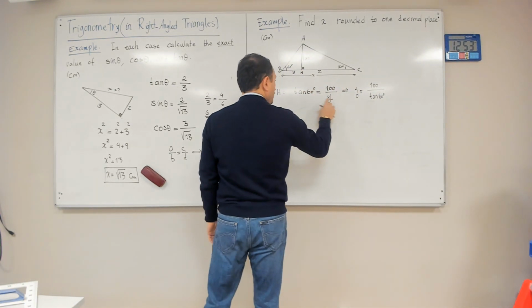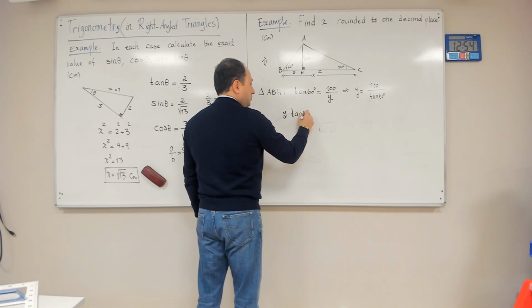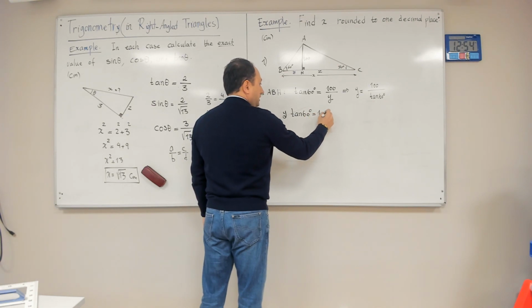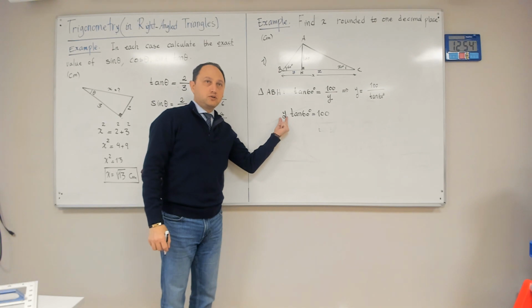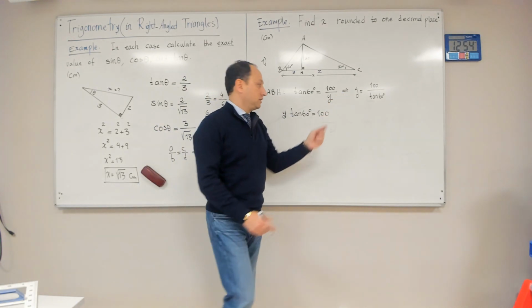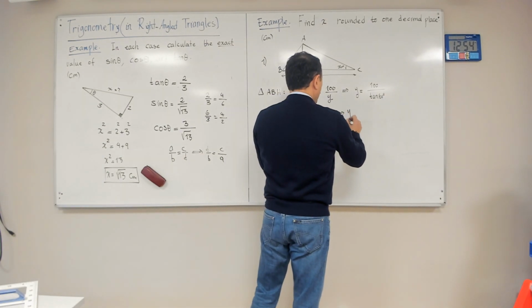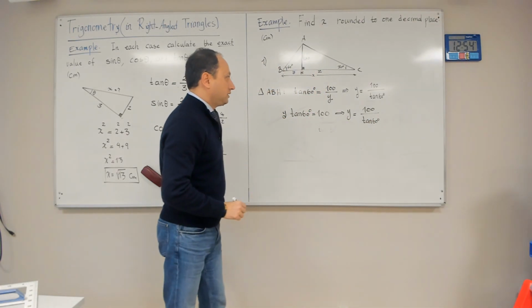You can multiply everything by y, it becomes y tangent of 60 degrees is equal to 100. And then I want to make my unknown alone. So what should I do? I divide by this to get rid of that, and I get that one. So if you want, you can do it in 2 steps. If you understand it quite well, you really don't need to bother to write this for me in the exam.